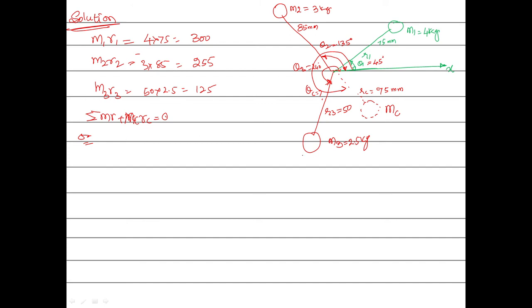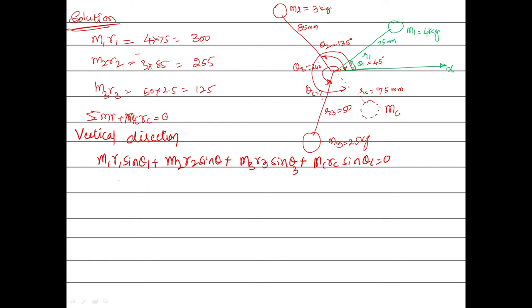Now let us go in the vertical direction. This is M1 R1 sine theta 1 plus M2 R2 sine theta 2 plus M3 R3 sine theta 3 plus MC RC sine theta C equal to 0.